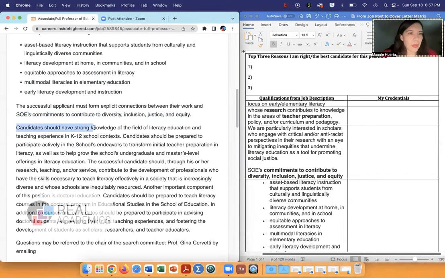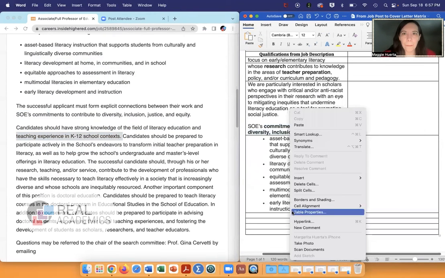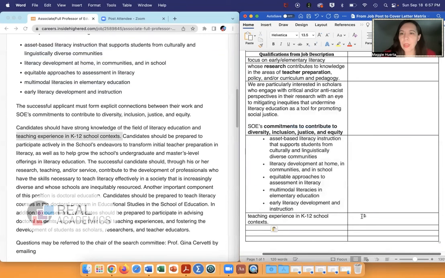Candidates should have a strong knowledge of the field of literacy education and teaching experience in K through 12 school contexts. Okay. So I would speak to my experience in that here in this column.